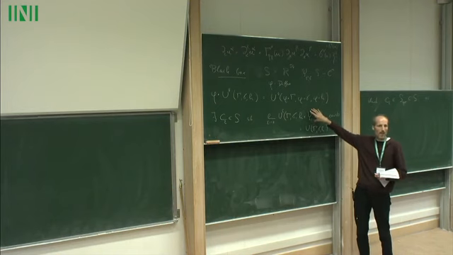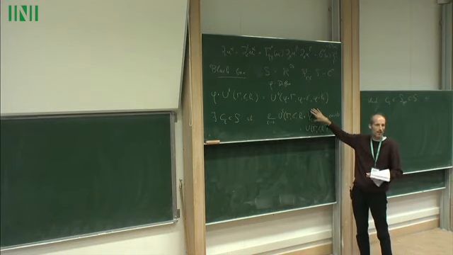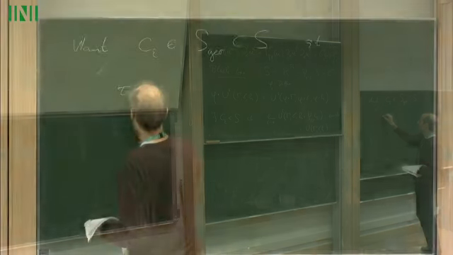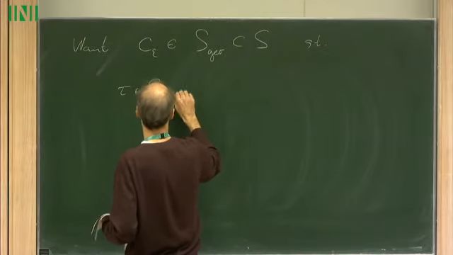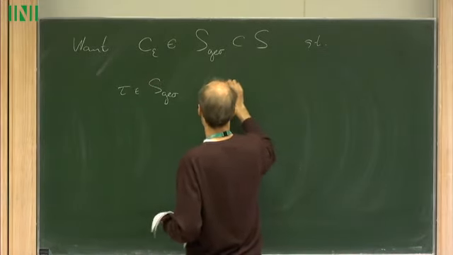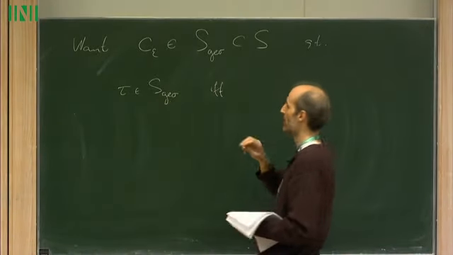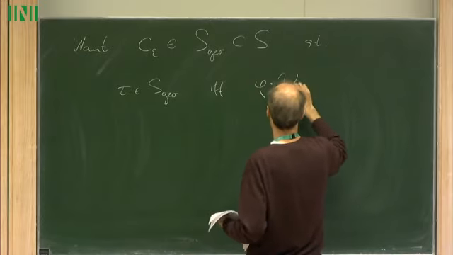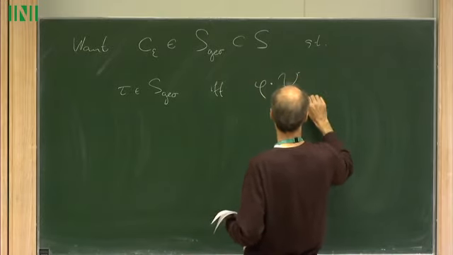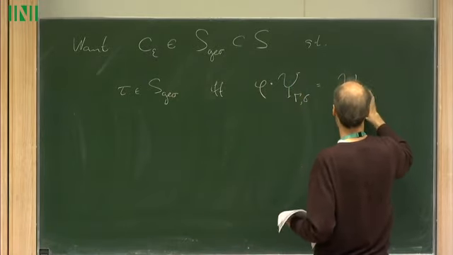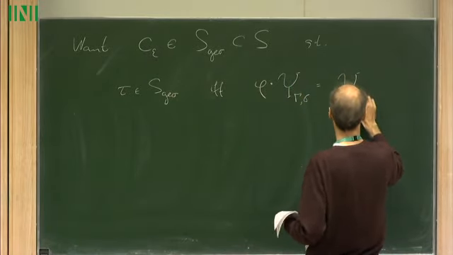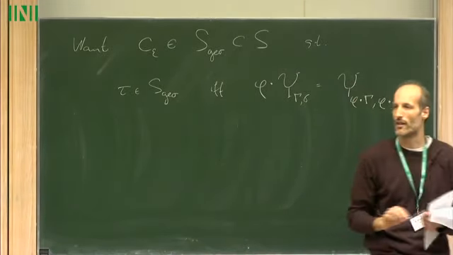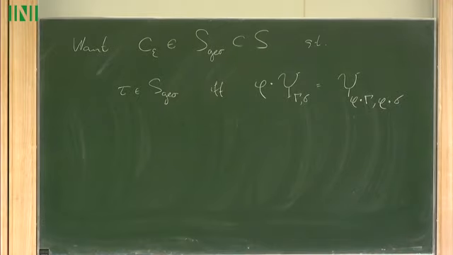So you would say that an element is in this geometric subspace if and only if, when you act with phi on the epsilon gamma sigma, it's the same as taking the epsilon on the gamma and the sigma on which I've acted with that diffeomorphism.